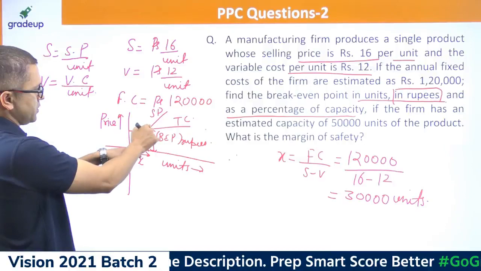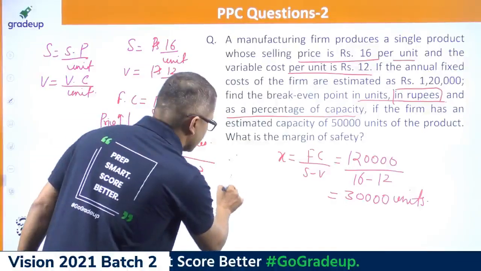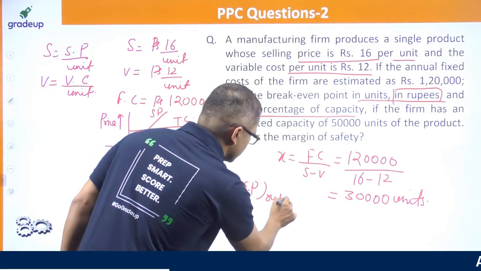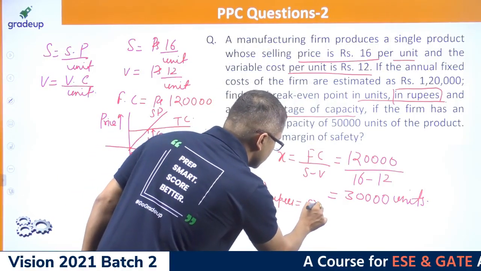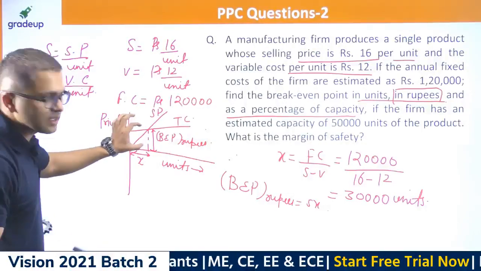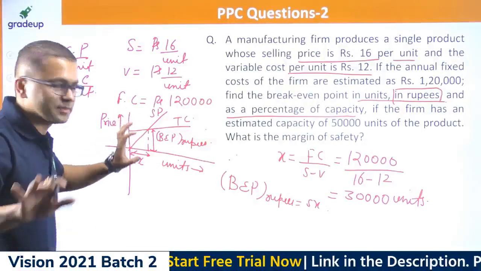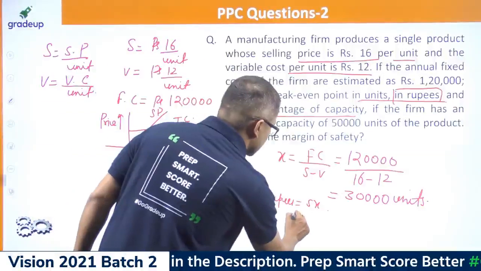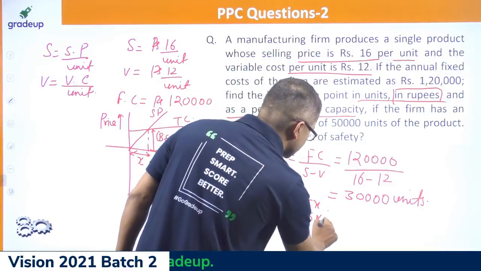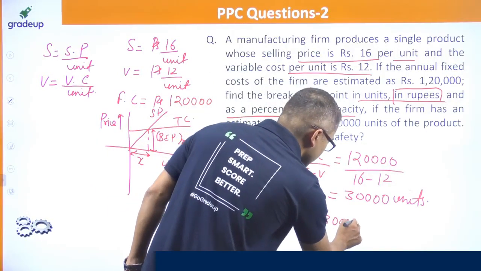This is what you need to find, and we have discussed that break-even point in rupees equals small s into X, because this is the total selling price at X. So small s is 16 and X is 30,000.